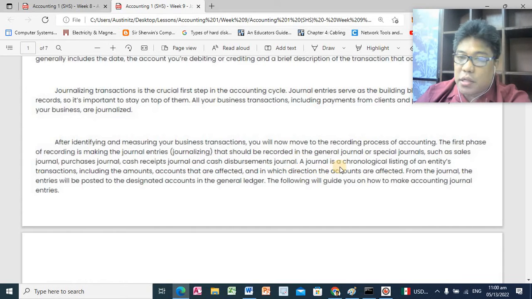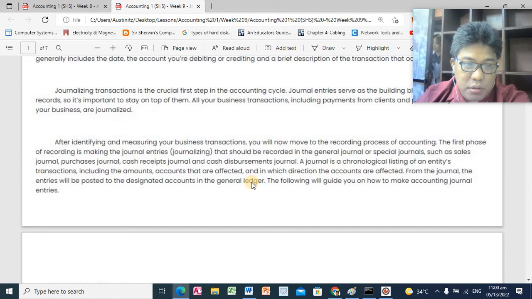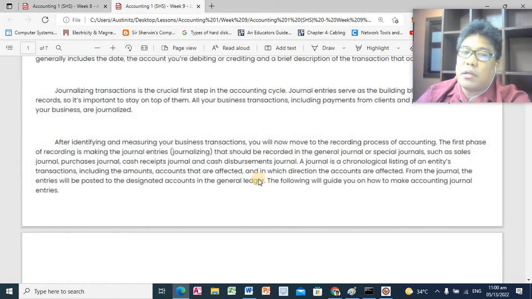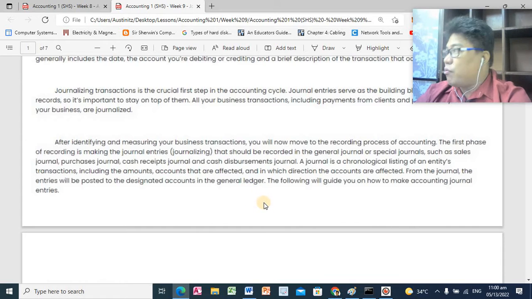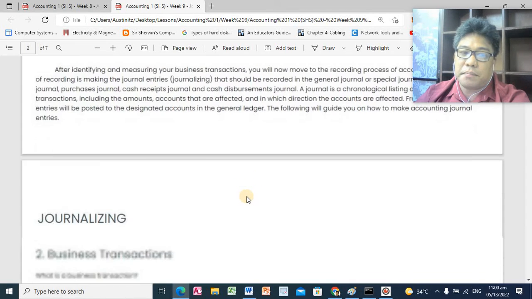A journal is a chronological listing of an entity's transactions, including the amounts, accounts that are affected, and in which direction the accounts are affected. From the journal, the entries will be posted to the designated accounts in the general ledger. The following will guide you on how to make accounting journal entries.